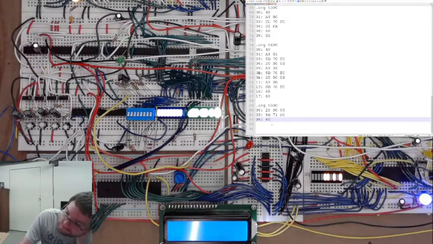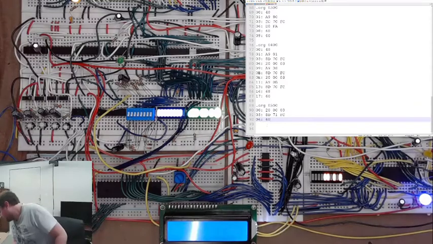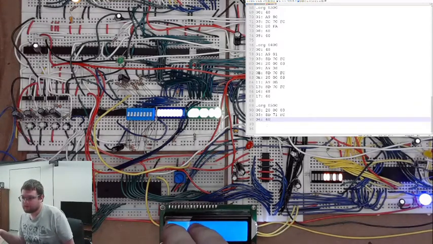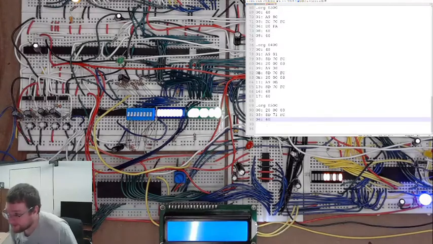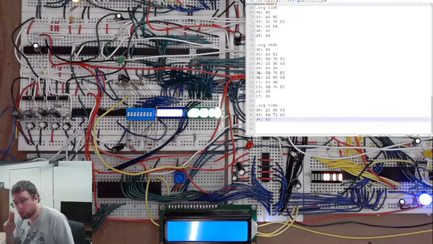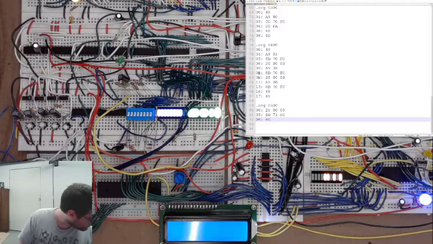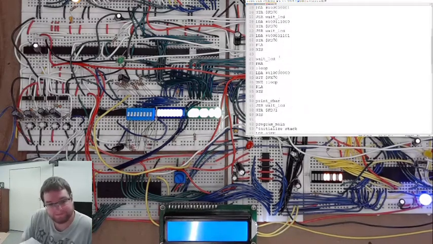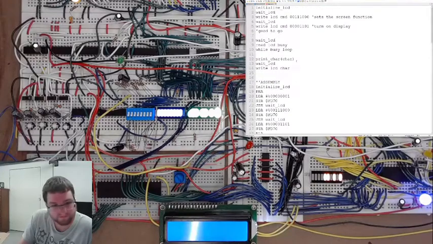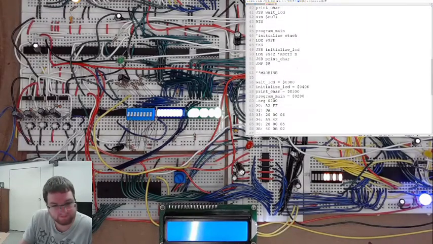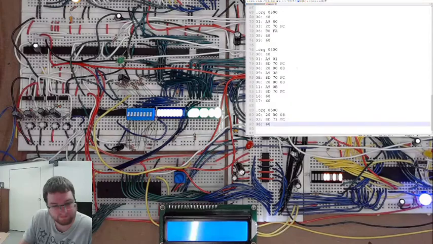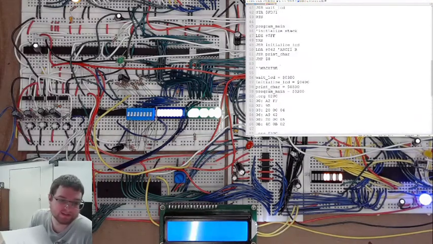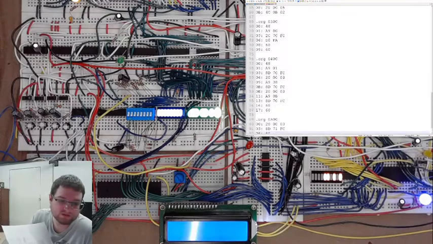So, anyways, the blinking cursor thing has me worried, which means I didn't initialize it right, or I didn't do something else. So let's check those numbers. So first things first, initialize LCD, which is 400.